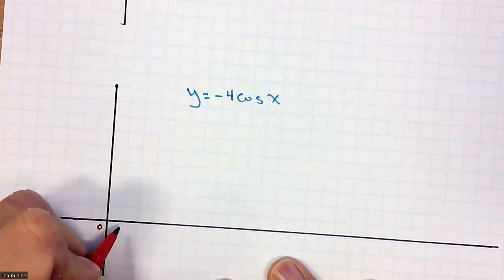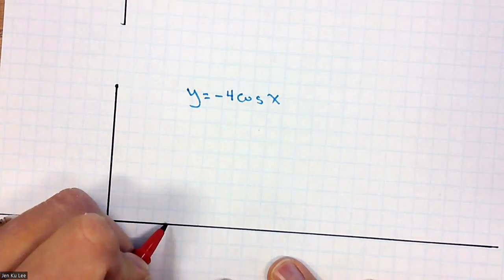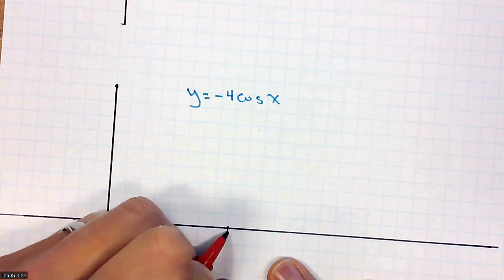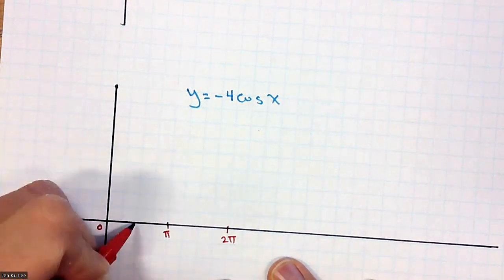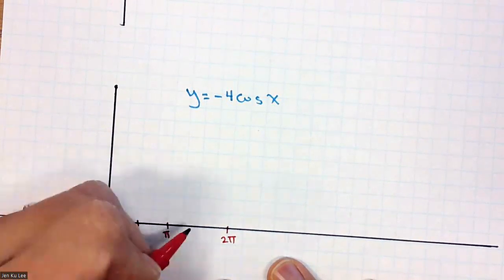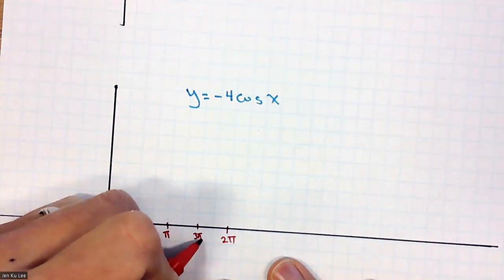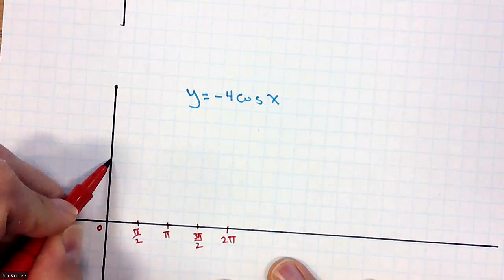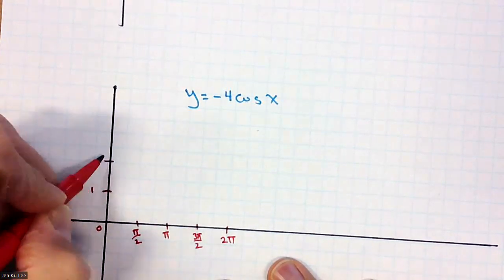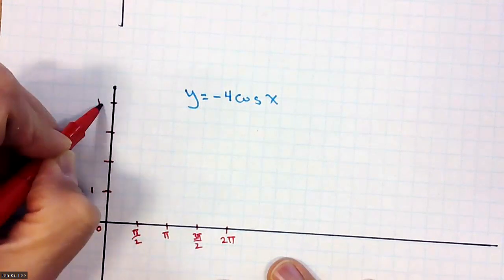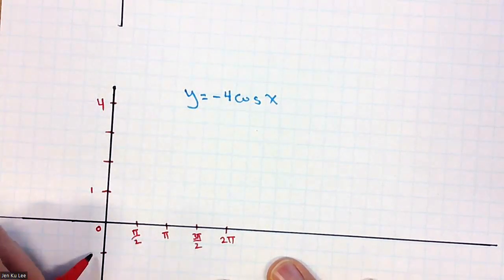So I'm going to start off with my parent function at 2 pi, pi over 2, and then 3 pi over 2. 1, 2, 3, 4. Yep. So that's 1. I know I'm going to have to go to 4. So that's 4.